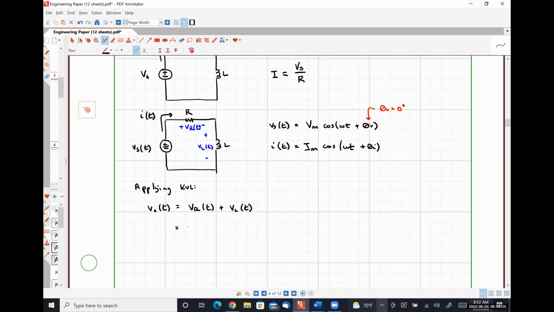Which is the same as simply R times I of t plus L di by dt.